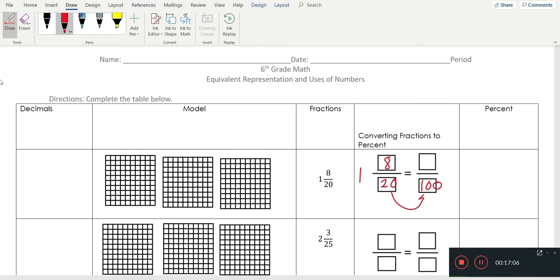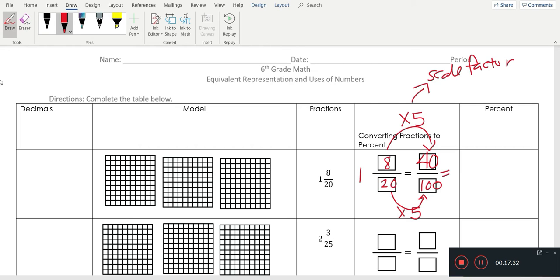How many 20s in 100? That's right, there are 5. So times 5 also here. Whatever number you multiply at the bottom, you also multiply at the top. I just want to mention, you call that the scale factor. So 8 times 5 is 40.